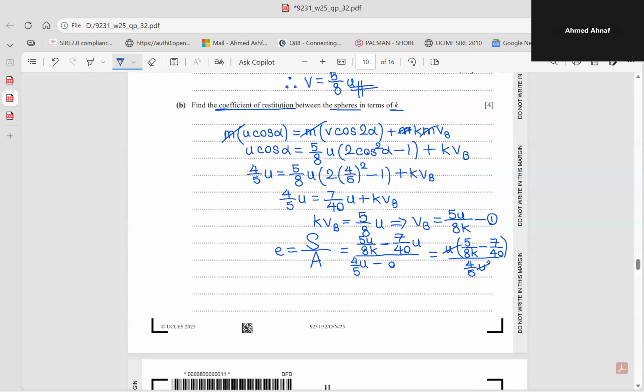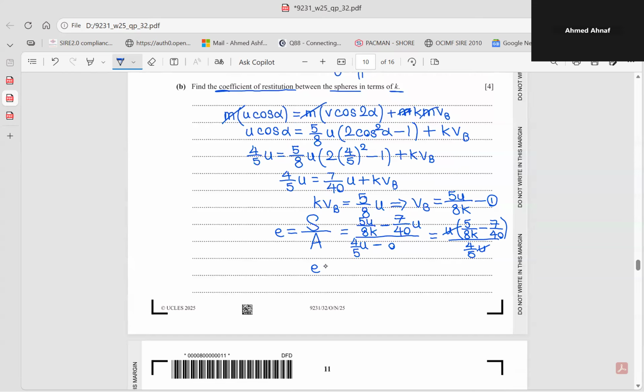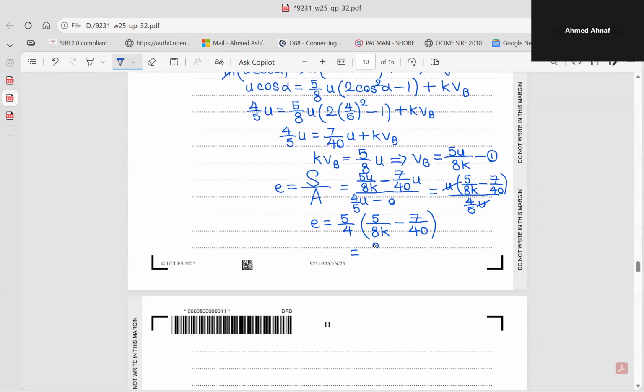The u's cancel out, and we get E equals 5 over 4 times (5 over 8k minus 7 over 40), which gives us 25 over 32k minus 35 over 160.